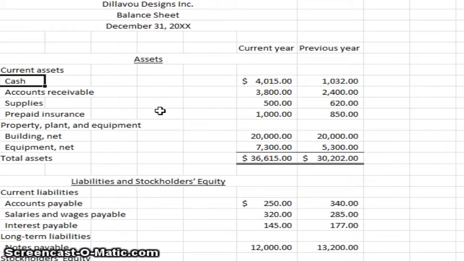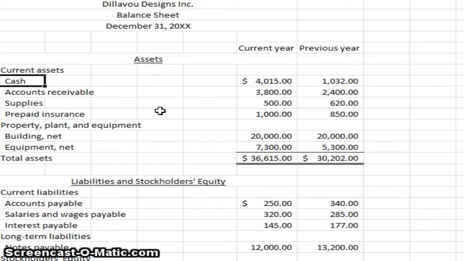The last section is the financing section, and this deals with debt and equity financing. So issuance of stock or bonds would be items that you'd find in the financing section. Dividends also would be there. Anything that deals with payment or receipt of cash, that's what we want to look at.